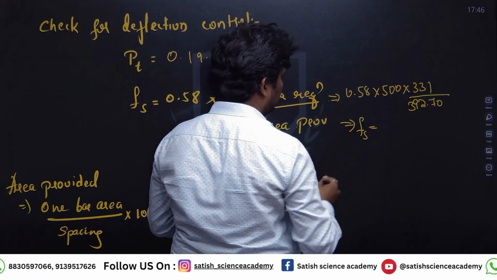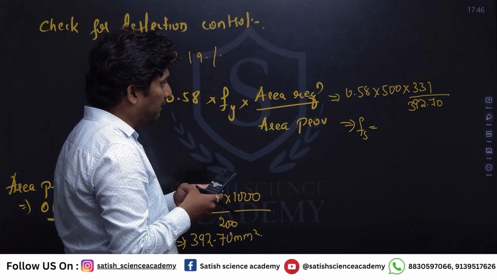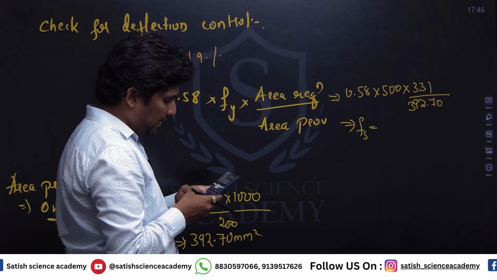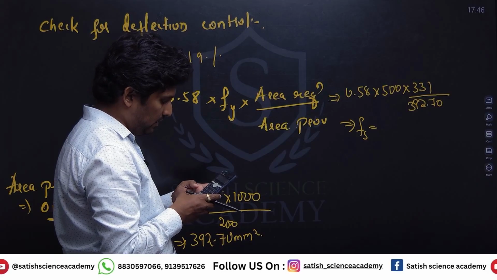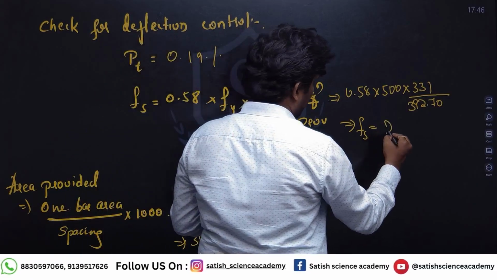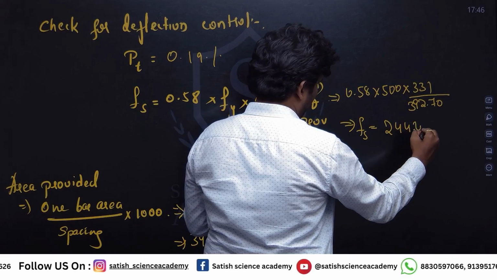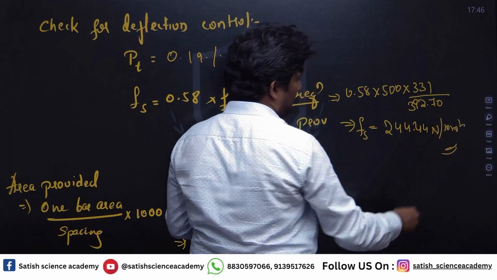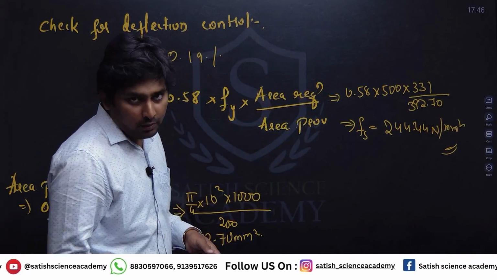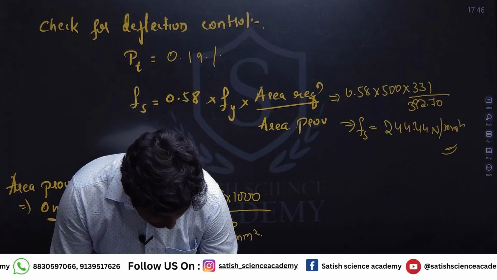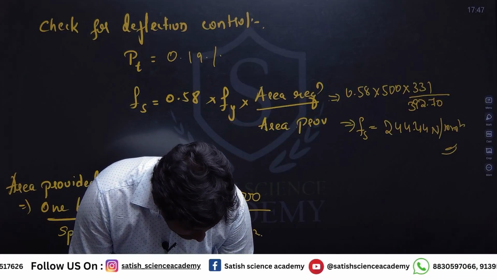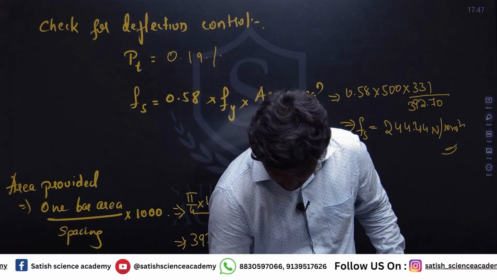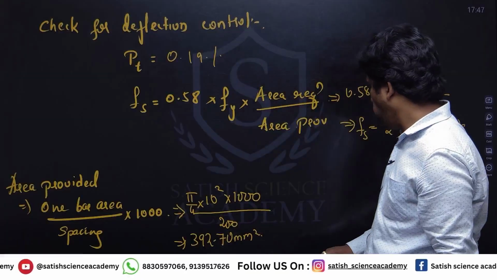Solve fs. fs equal to 0.58 into 500 into 331 divided by 392.70. So you are getting fs value as 244.44 Newton per mm square. So for this fs value you have to refer to table number 4 to evaluate the modification factor F1 value.